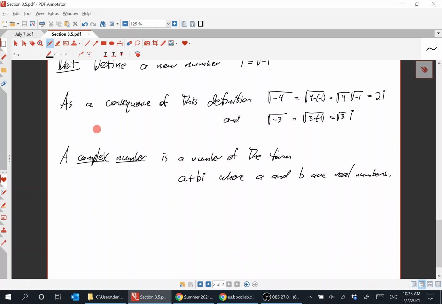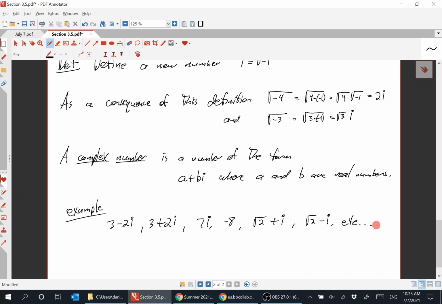So for example, 3 minus 2i, 3 plus 2i, 7i, just a real number like 8 or minus 8, that's a complex number. Root 2 plus i, root 2 minus i, etc. So these are a combination of a real number plus a multiple of i. And those are called complex numbers.